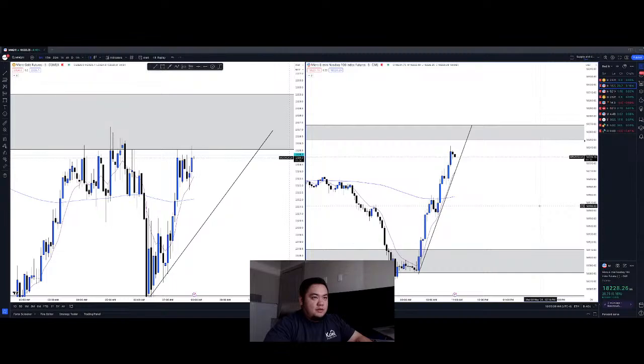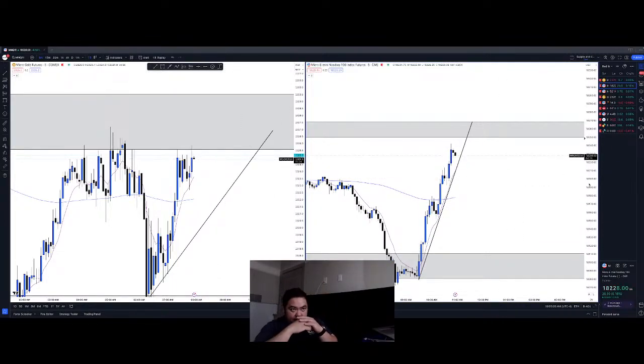It's like a straight trend line right up into final supply. Gold's tapping the supply.